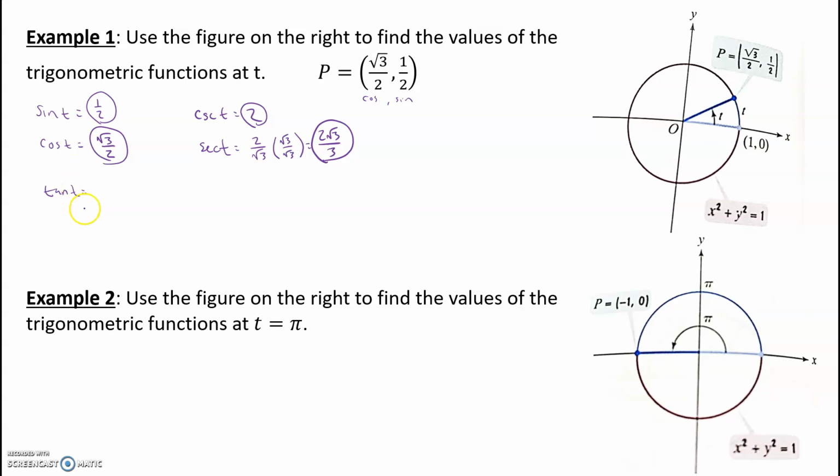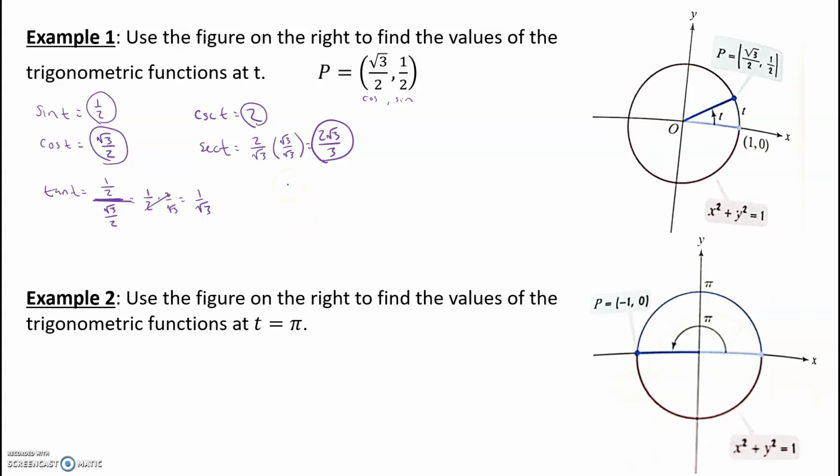Tangent is sine over cosine. Instead of dividing, we're going to multiply by the reciprocal. So we're going to keep, change to multiplication, and flip. So here you get 1/√3.